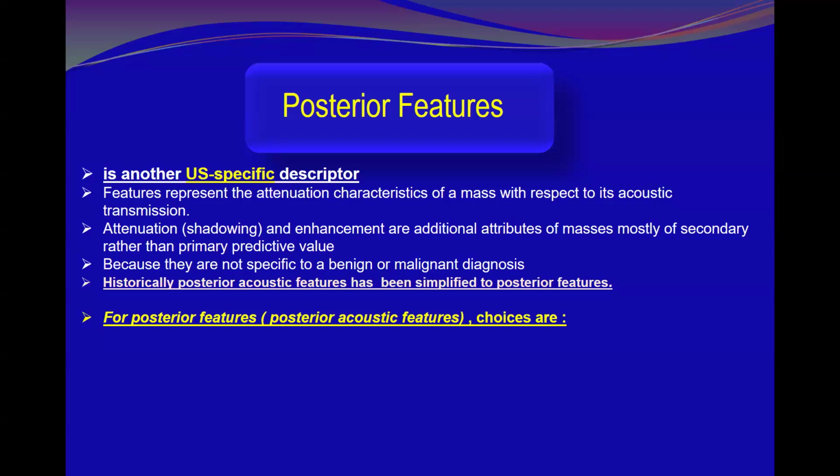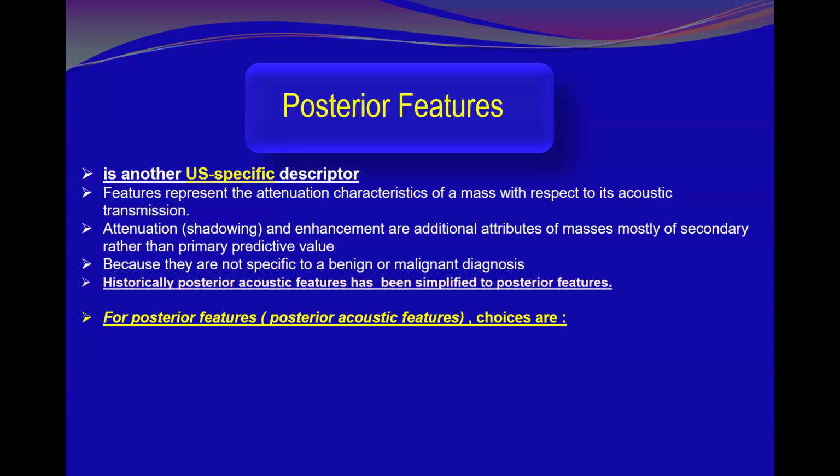And still, it is non-specific, can be seen in benign and malignant. Breast cancer can equally present with posterior shadowing, with enhancement, without, or combined. So it is a non-specific feature.